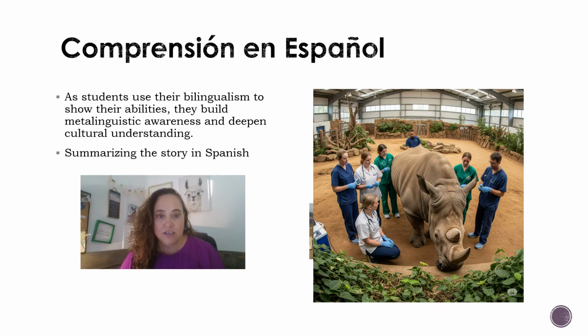And just to reinforce that as students use their bilingualism to show their abilities, they're able to build that linguistic awareness, deepen their cultural understanding, make those connections, and have confidence in both languages, and know that both languages are important as they're thinking about reading and developing that language. So she did a sort of summarizing of the story in Spanish.